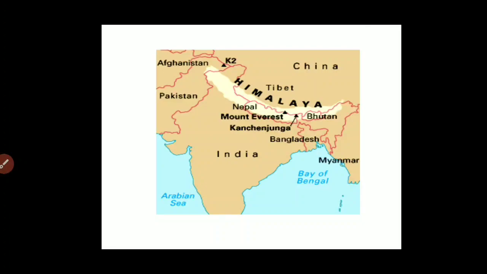These plain regions are rich in alluvial soil. Alluvial means very fertile soil. It consists of very fine part of clay, silt, sand and gravel, which makes the soil very fertile, and it is because of the running water of river.